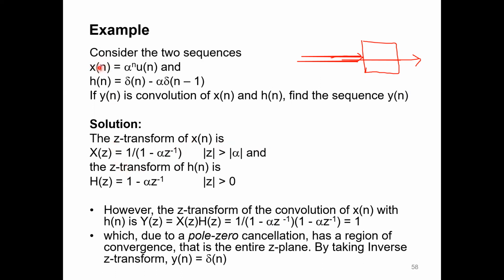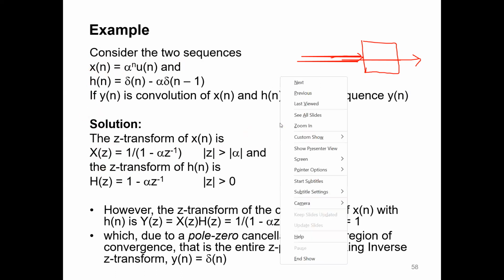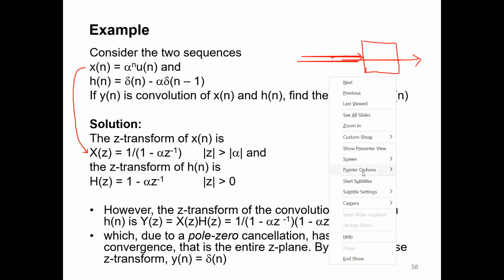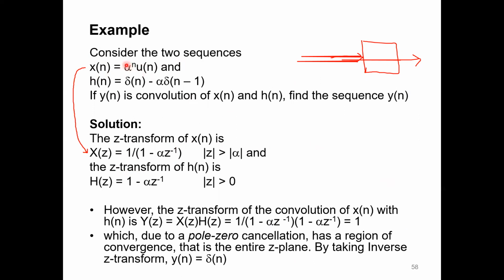Now, what is the Z transform of the first one? xn becomes Xz, right? So this is alpha^n un. What is the Z transform of alpha^n un? It is 1 over 1 minus alpha z^-1.